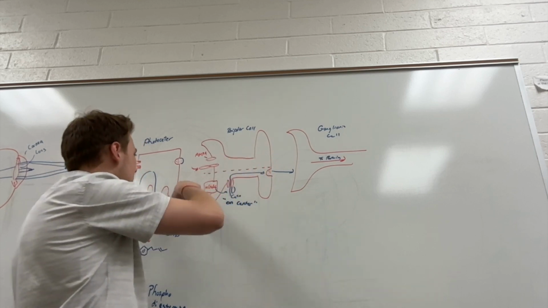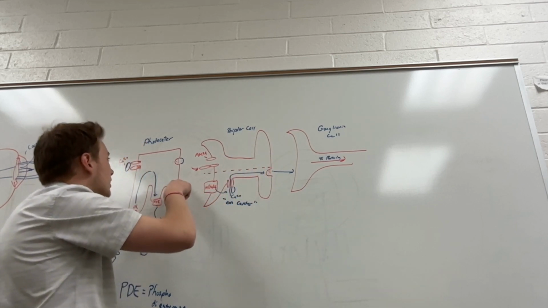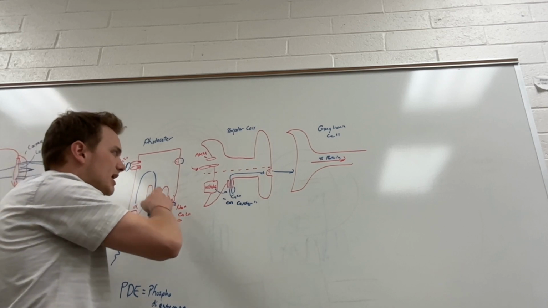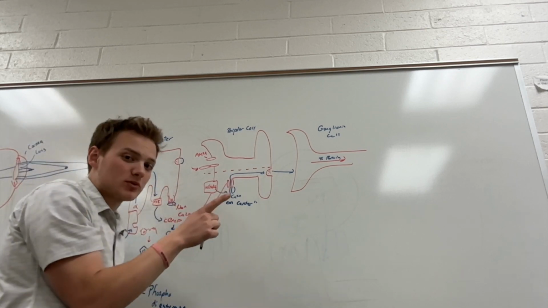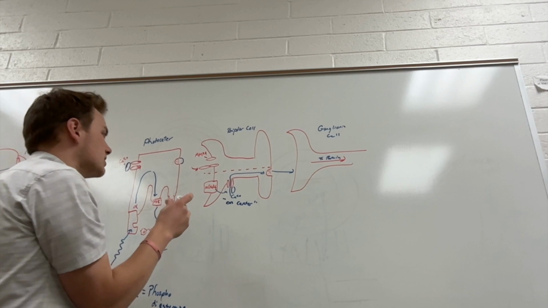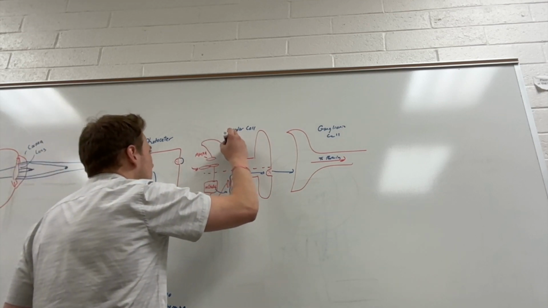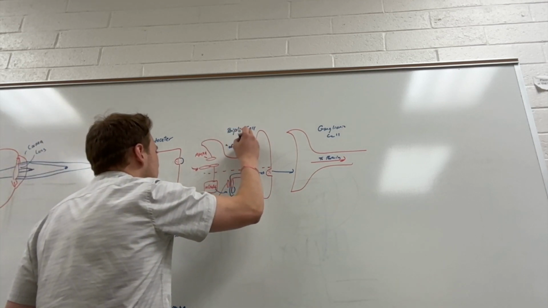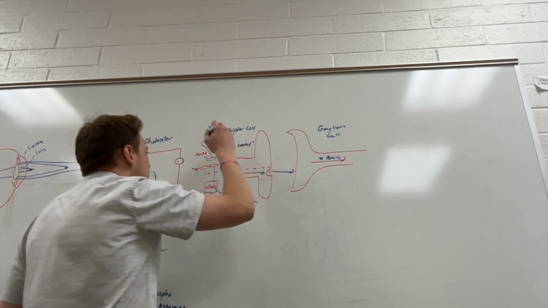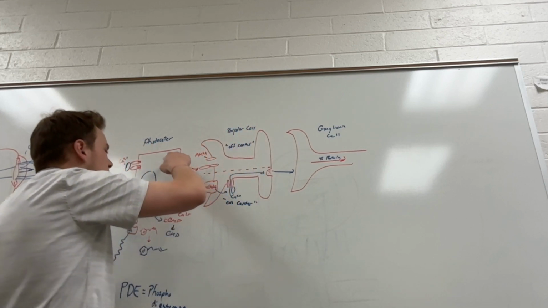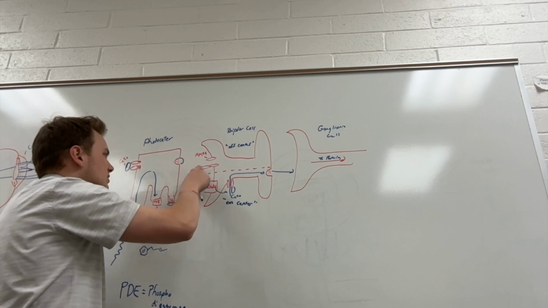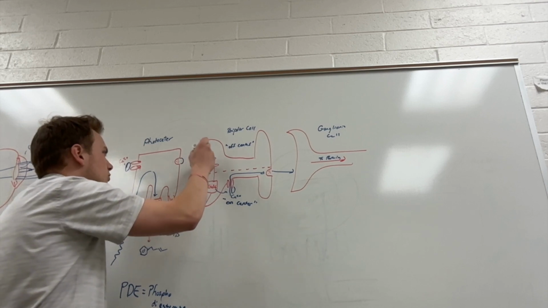The deactivation of our photoreceptor actually causes an action potential of the bipolar cell. However, other bipolar cells, which we call off-center cells, because glutamate was actually activating our AMPA channel, well, crap, no more glutamate.